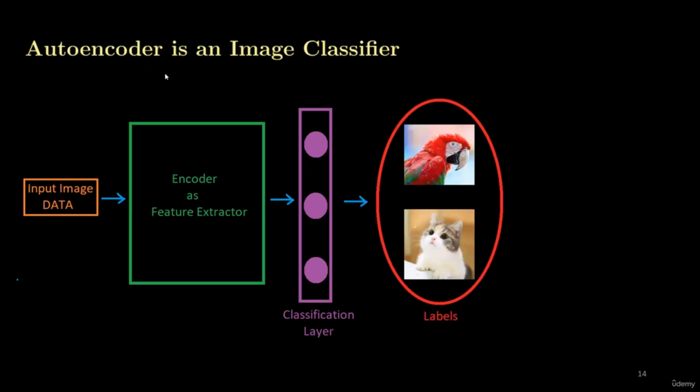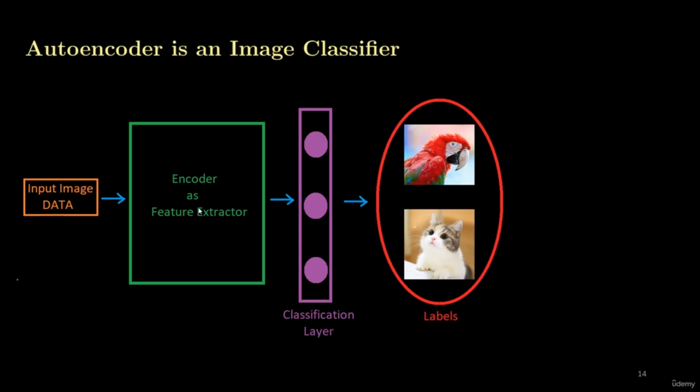Here is another application of the autoencoder: the autoencoder is also an image classifier. When we use autoencoder as an image classifier, we only use the encoder layers. We do not use the decoder layer. So in that case, we supply input data to the encoder layers, and the encoder layers work as the feature extractor.